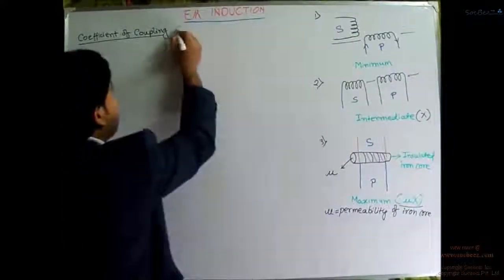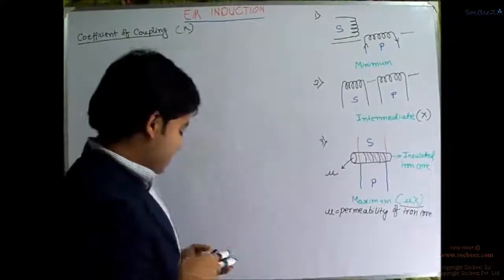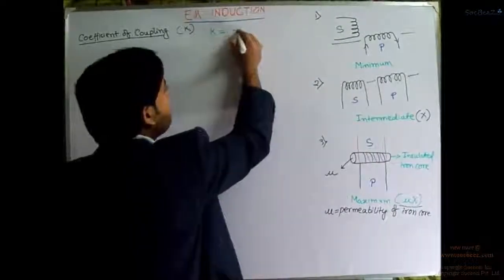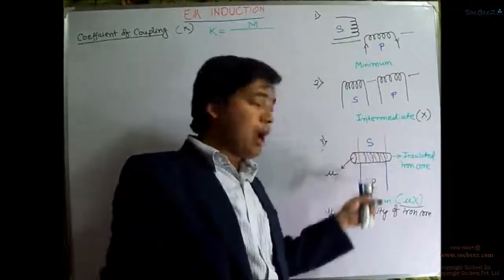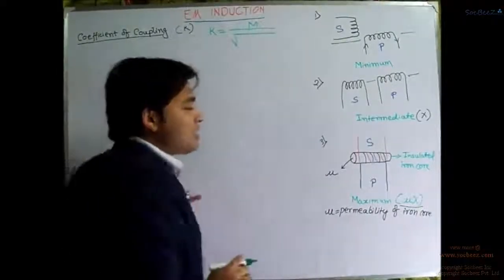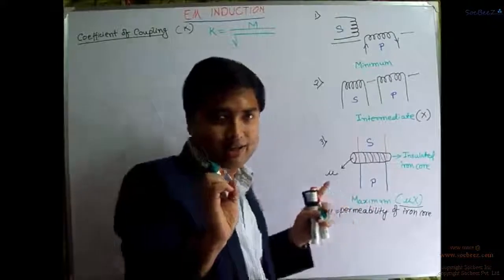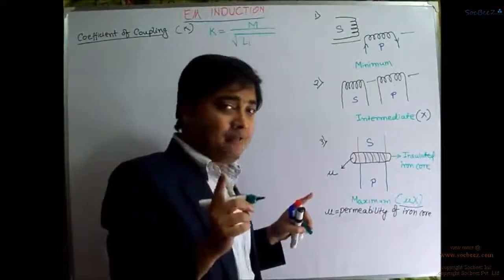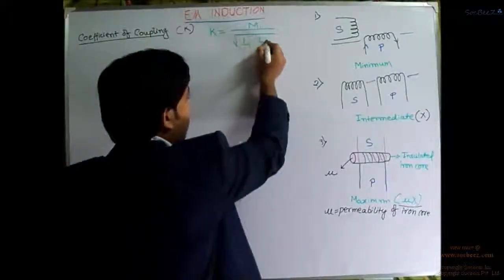And it is denoted by capital K. The value of capital K equals the mutual inductance between the two coils, divided by the square root of the self-inductance L1 of this coil multiplied by the self-inductance of the secondary coil, L2.